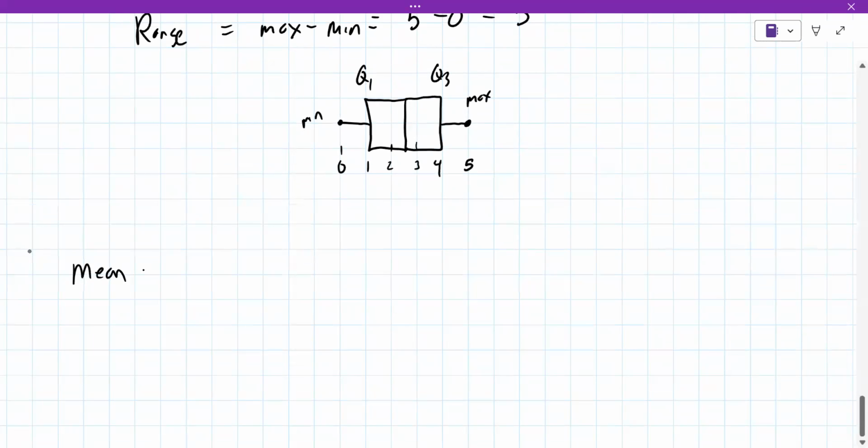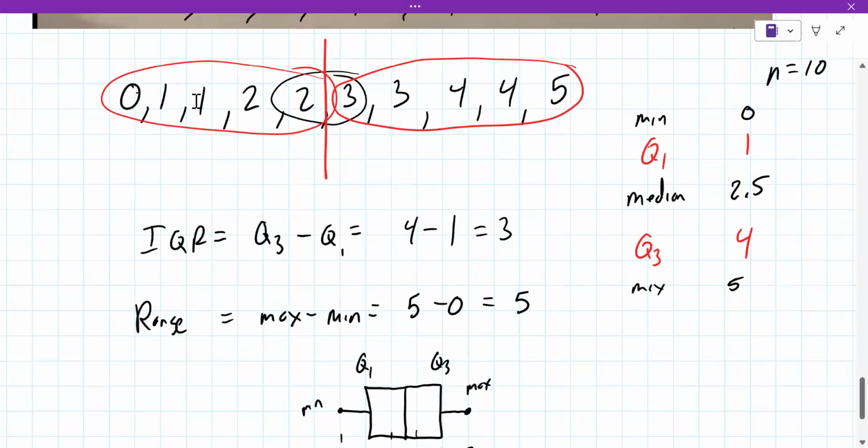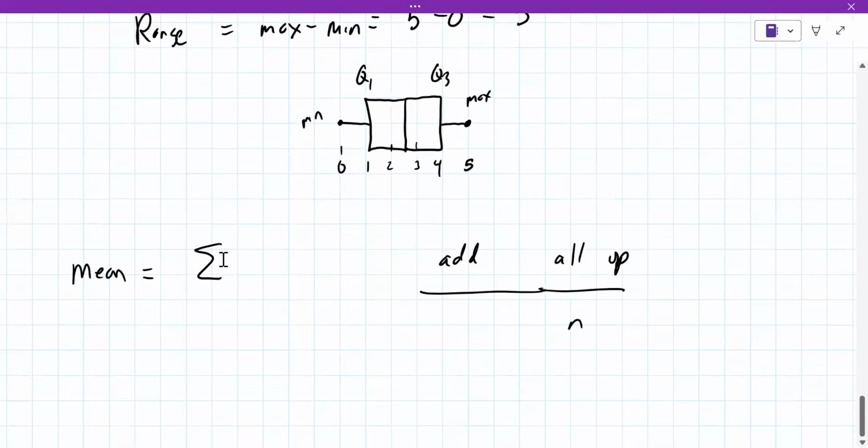All right, so now we can do the mean. That is the sum of the numbers. You're going to add them all up and then divide by the number of numbers. You can go back to the original or use the ordered data set. Would you calculate the mean of this data set for us, please?